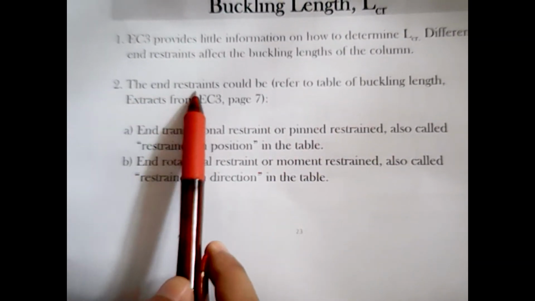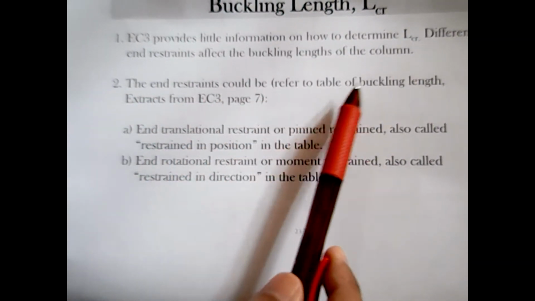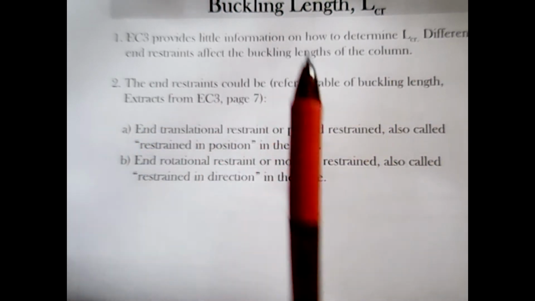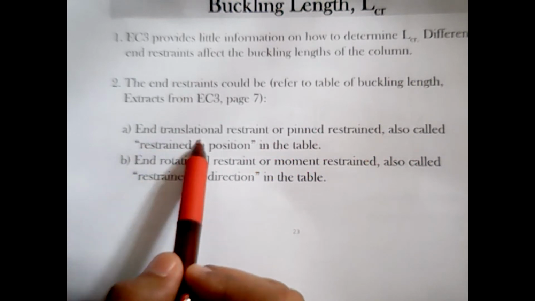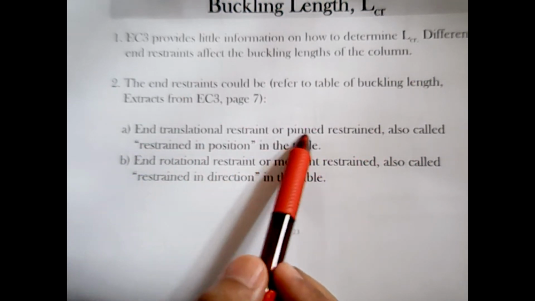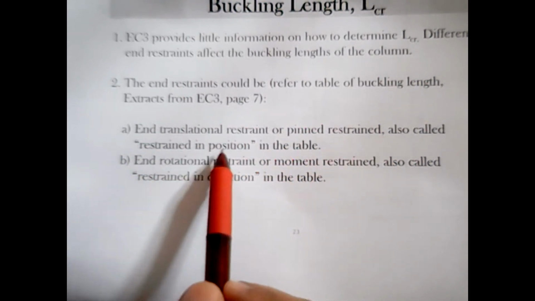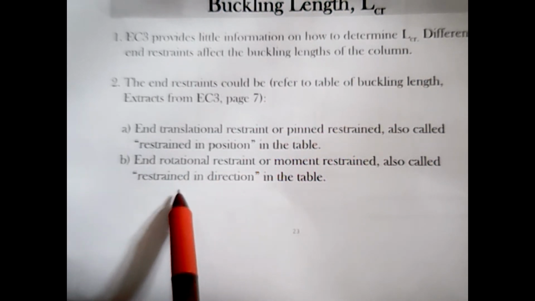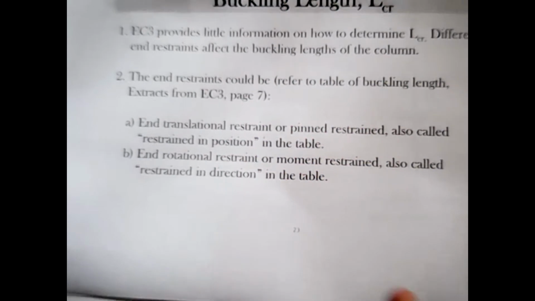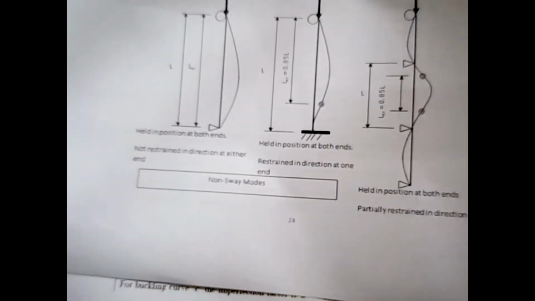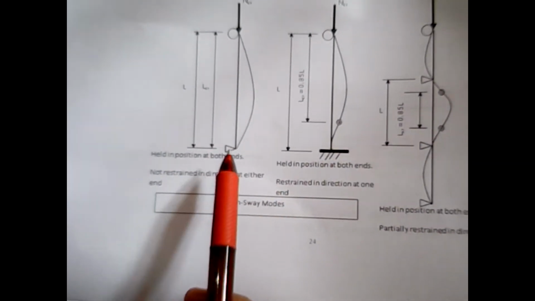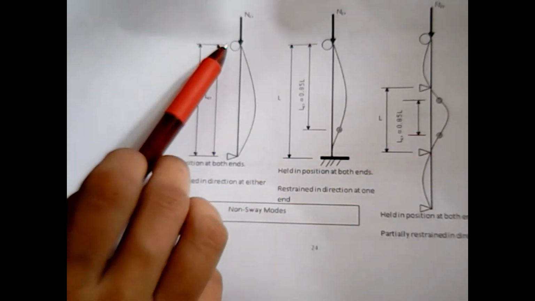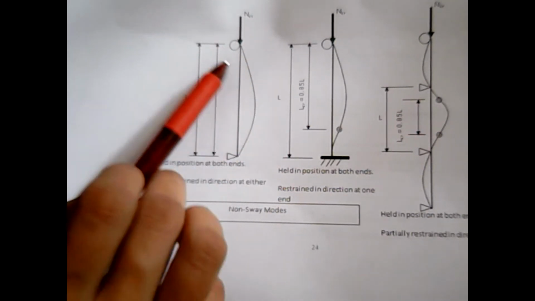The end restraint could be referred to in the table of buckling lengths extracted from EC3 page 7, where it depends on the end translational restraint or pin restraint, also called restraint positions, and on the end rotational restraint. So what does it mean then? It means that in your case you have pin-ended, meaning that both ends are allowed to rotate.